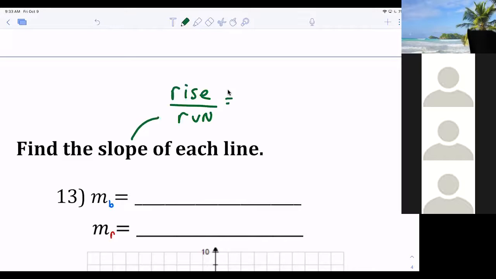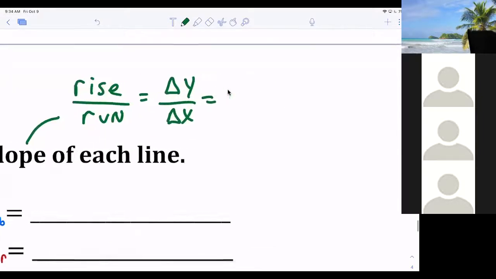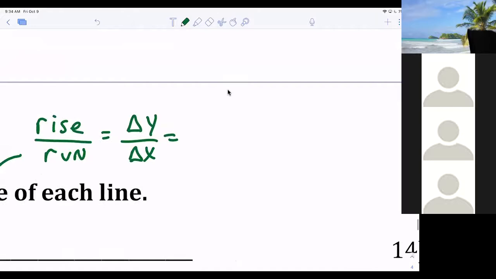Rise just simply means it's the change in y over the change in x. Now in science, you should have already learned that delta means what? Change. That's a shorthand notation. Delta means change. So you get from one point to the other point, it's a change in y divided by the change of x. Now the formula then, to do change, that involves subtraction.